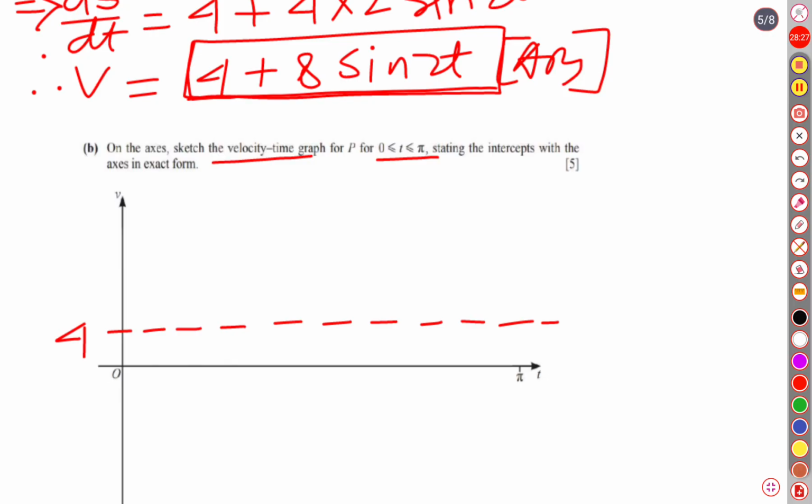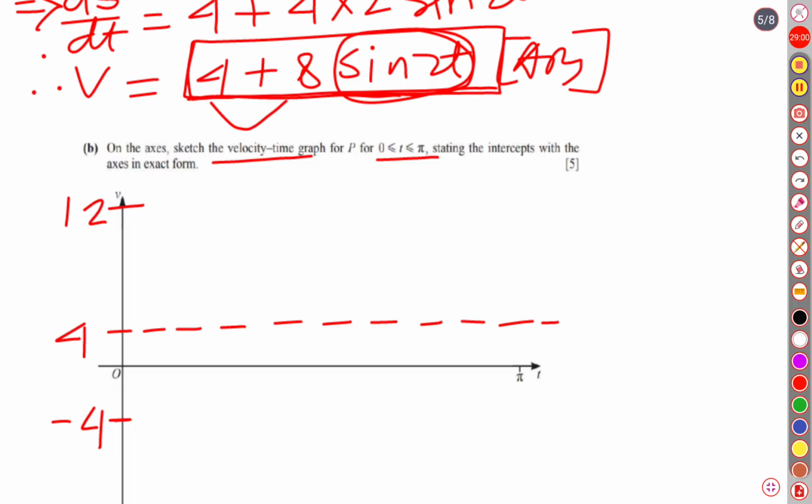So the maximum value is 4 plus 8, because the sine value of any cycle, whatever the number of cycles, the maximum will be 8 and the minimum will be negative 8. So positive 8 plus 4 is going to be 12. Let us write 12 over here. It is 12 for the maximum value, and the minimum value is going to be 4 minus 8, meaning negative 4. So if it is 4, negative 4 may be over here.